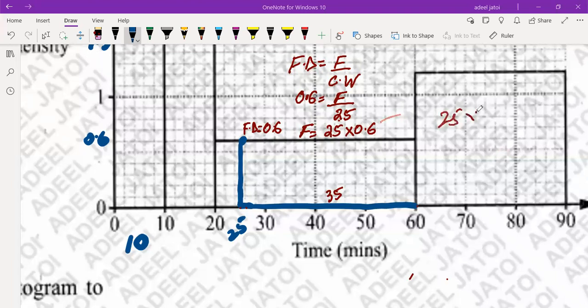Actually, it is 35, I'll correct myself. 35 is the base. So 35 into 0.6. When we multiply 35 into 0.6, we will have 21 students under this particular box. So this will represent 21 students.